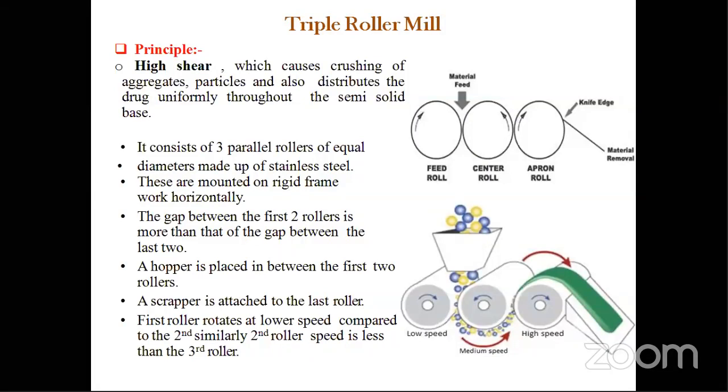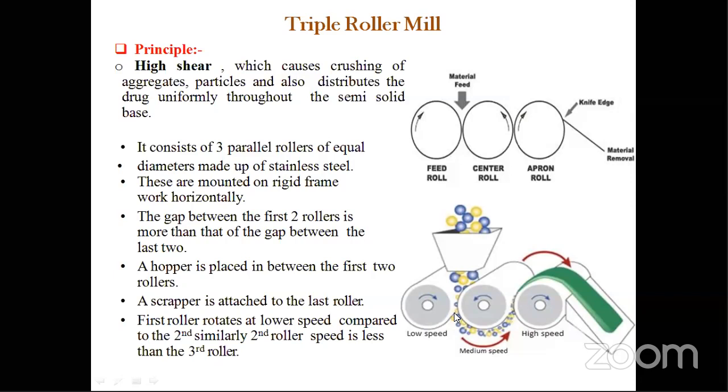If you look at this picture, it is a hopper, and this hopper is connected with the first roller and the second roller, and the material is put in between the rollers.